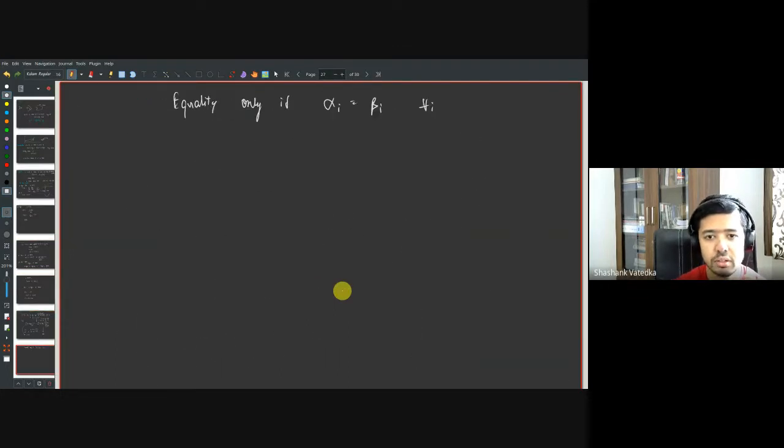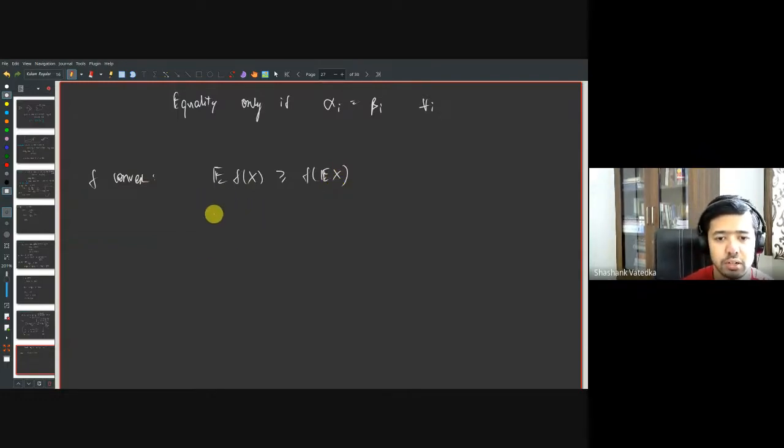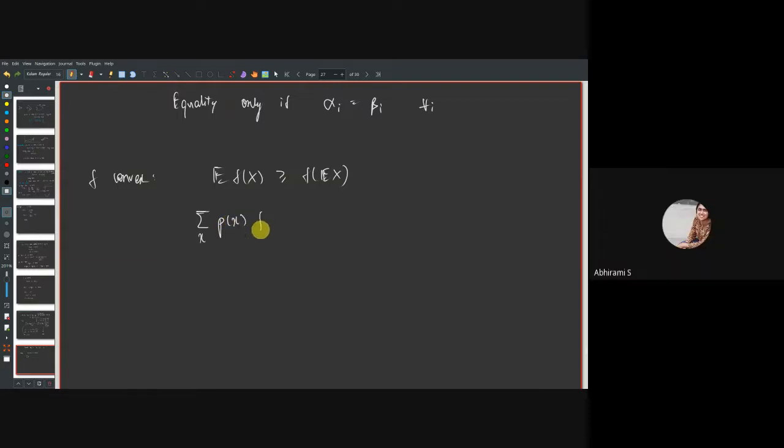Now, we know that if f is convex, then expectation f of x is greater than or equal to f of expectation of x, right? Or if I expand this out a little, the left hand side is summation over all x, p of x.